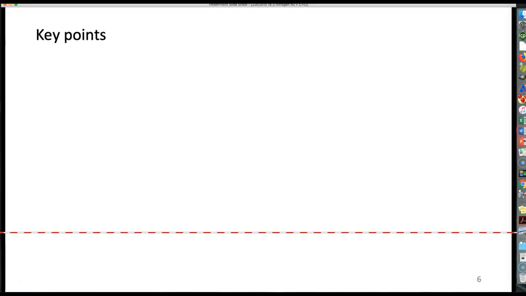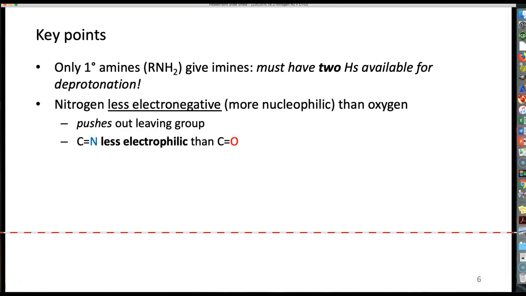But in addition, there's this whole electronegativity thing. Nitrogen is less electronegative than oxygen. That means it's more nucleophilic. It's more ready to give up that lone pair, push things around. So unlike oxygen, nitrogen is more likely to absolutely push out that H2O group, the leaving group of water.